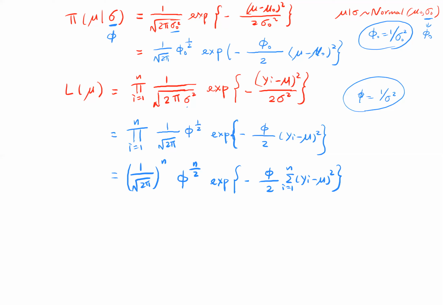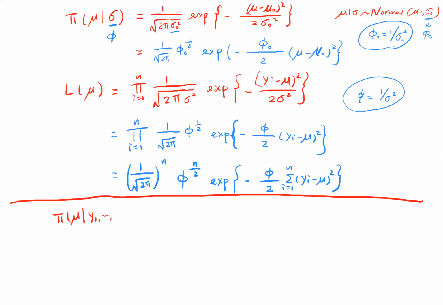All right, so now the task is for you to derive the posterior. And we know that the posterior, given y1 to yn and sigma, or phi, let me write sigma, just to be consistent with before, is going to be proportional, by Bayes' rule, to the prior times the likelihood. So again, you can work with the proportional sign.